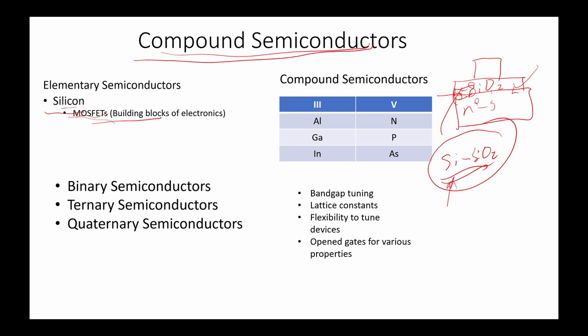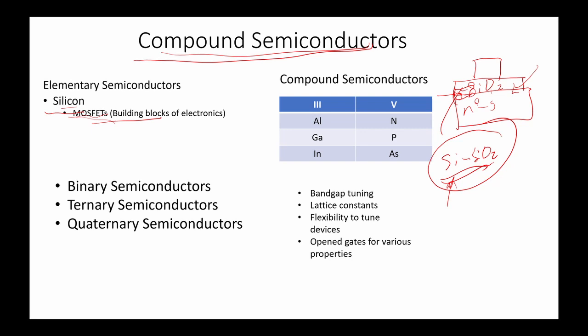Another thing is silicon is thermally stable compared to germanium. Germanium and silicon both are indirect bandgap semiconductors. But everything cannot be done with silicon, as silicon is an indirect bandgap semiconductor.